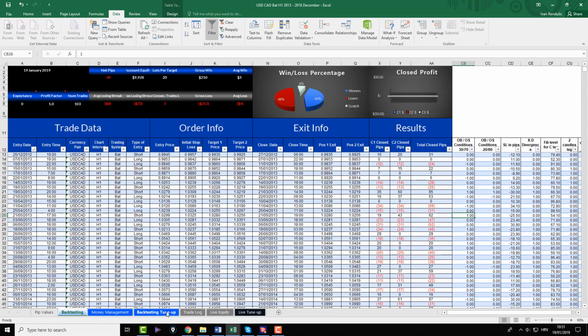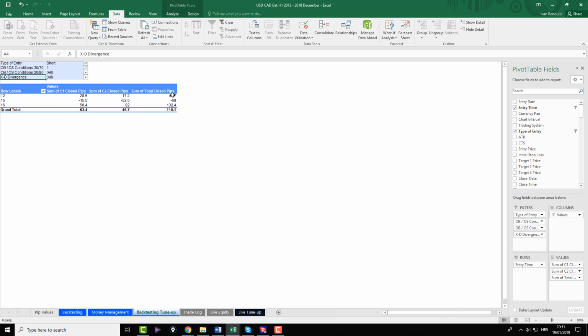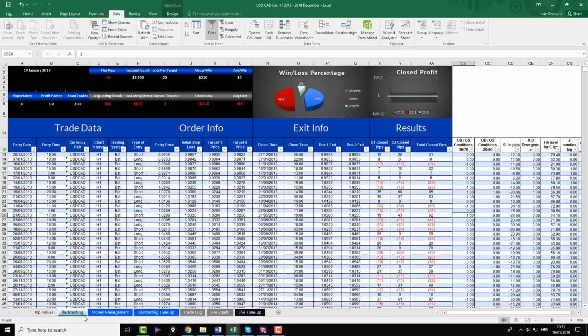So that's what this means, and I ended up adding 110.1 pips to my already existing 753.6 pips, which results in a total of 863.7 pips, meaning that I changed the unprofitable USD CAD strategy to highly profitable 863.7 pips.